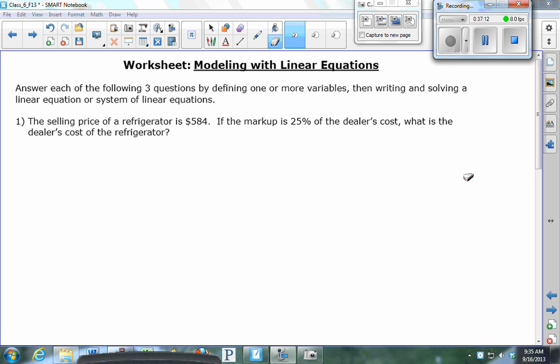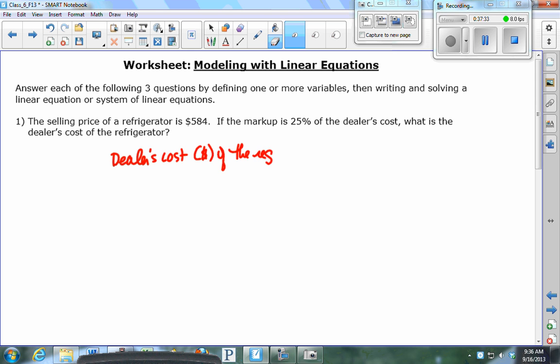Let's take a look. Read the final phrase. What is the final phrase of this story opportunity? What is the dealer's cost of the refrigerator? So I take that dealer's cost in dollars of the refrigerator, and I write it out in words. That's step 1.